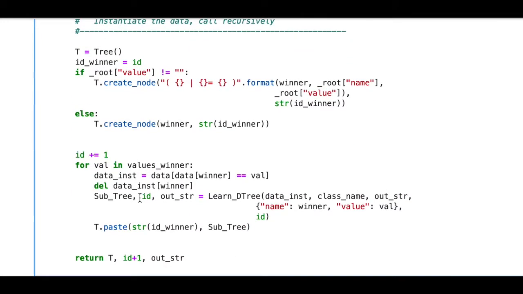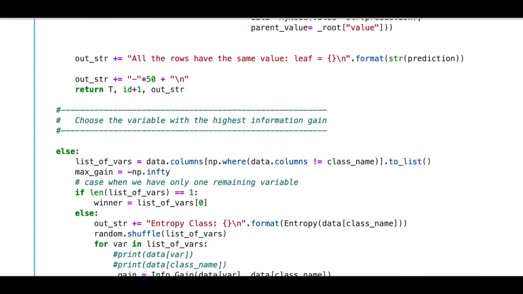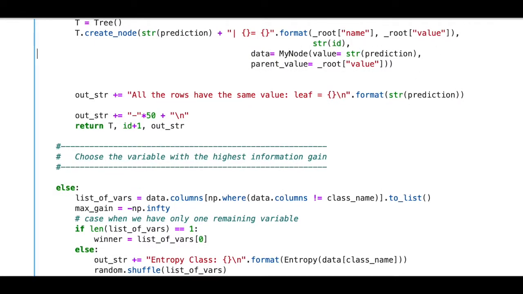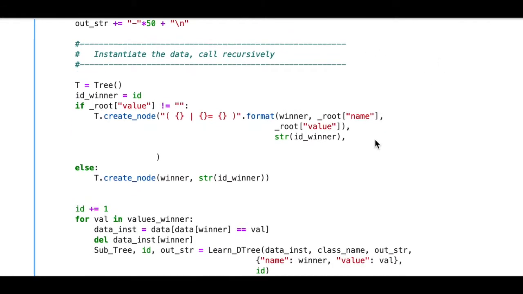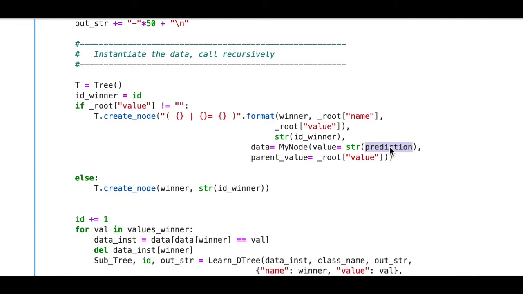And the last case is when we create a node for the winner, right? So again, here, winner is already a string.